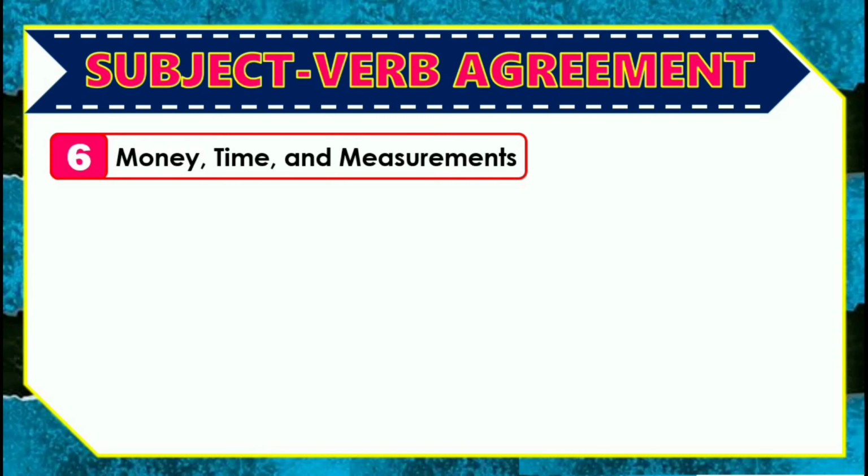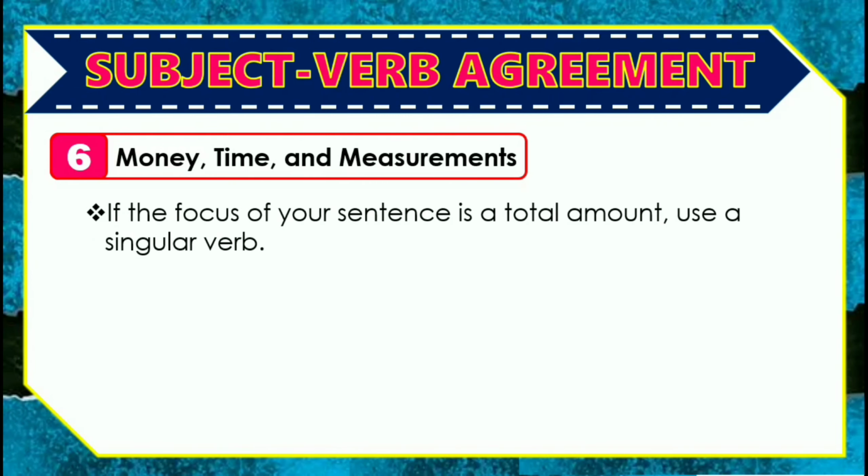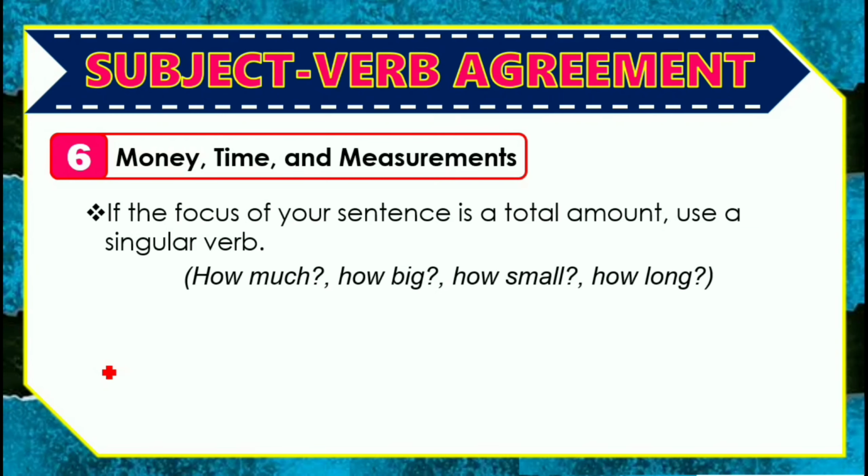Next up is about money, time, and measurements. Now, if the focus of your sentence is a total amount, use a singular verb. Sometimes it's difficult to tell whether to use a singular or plural verb, but there's an easy way to figure it out. You can ask questions like, how much, how big, how small, or how long.